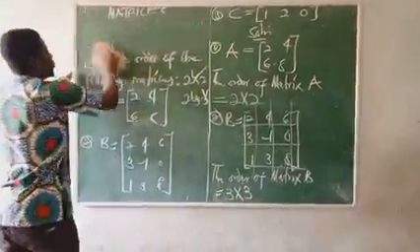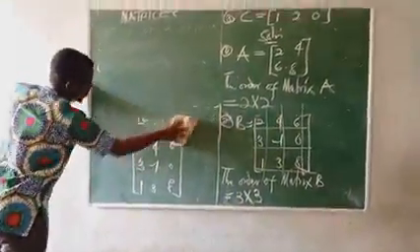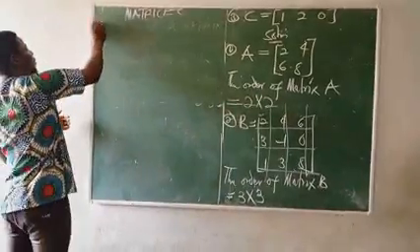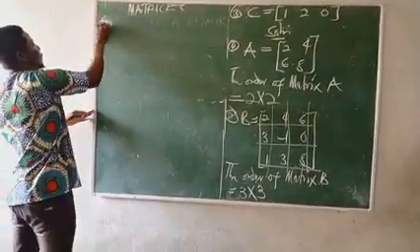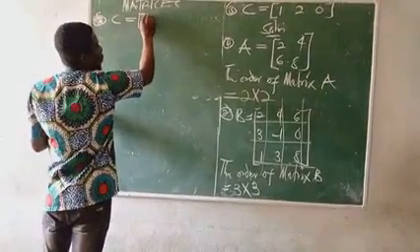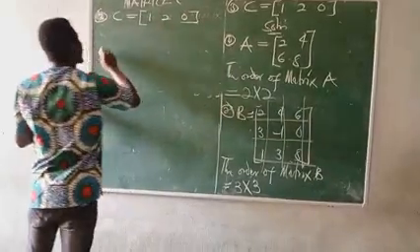And of course, for this number 3, that is C equals 1, 2, 0.